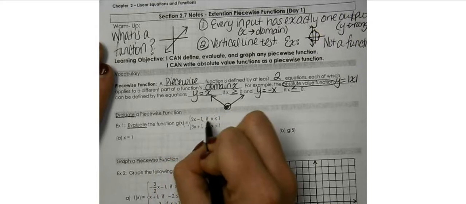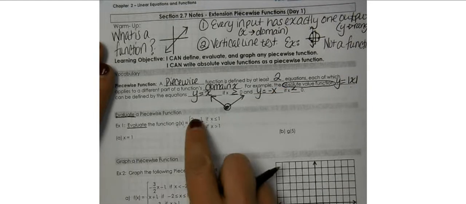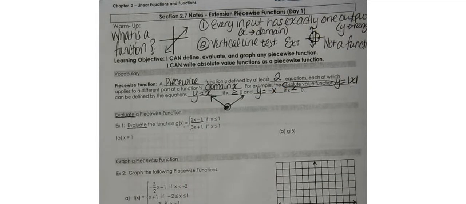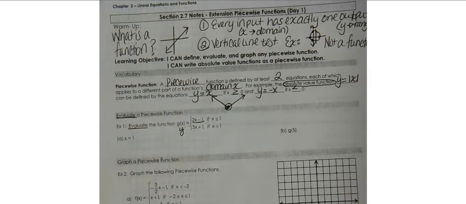So the first example says, evaluate the function g of x is equal to 2x minus 1, and we only use the piece 2x minus 1 if x is less than or equal to 1, and 3x plus 1 if x is greater than 1. So it just depends on what our x value is to determine which piece we're going to use. Remember that g of x is just function notation. It simply means a very fancy y.